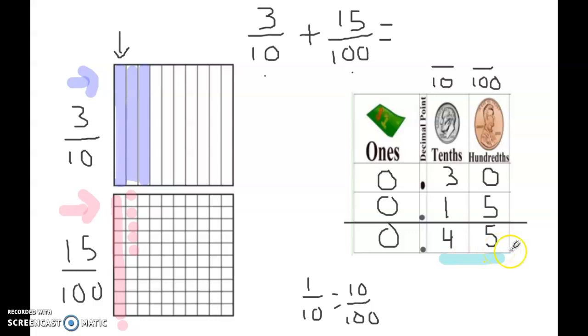Then I'm going to look at the place that it ends in, which is the hundredths. So I can read this as 45/100ths. And then I can write that as a fraction. 45 hundredths.